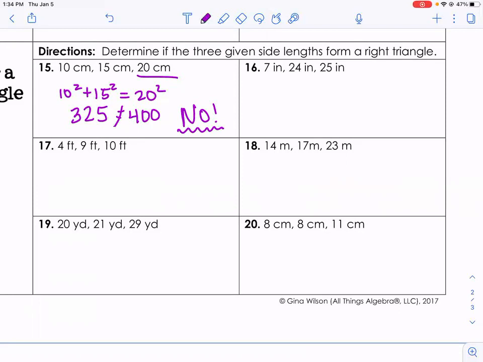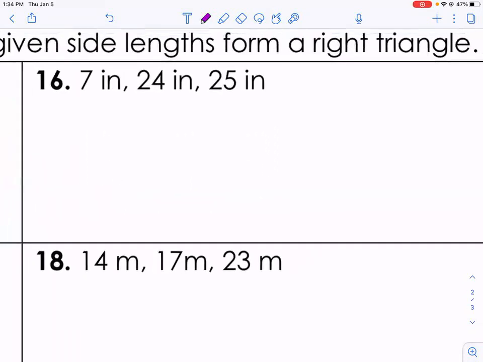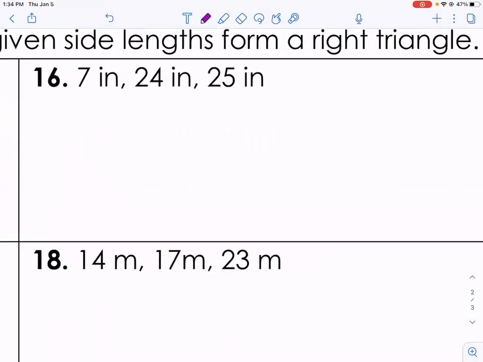All right, let's talk about 16. Nirvana, number 16, which one is going to be our hypotenuse? Okay, what do we need to look for? The smallest, the medium, or the biggest? For our hypotenuse. The biggest. So 25 is our biggest, so this is going to be our hypotenuse.